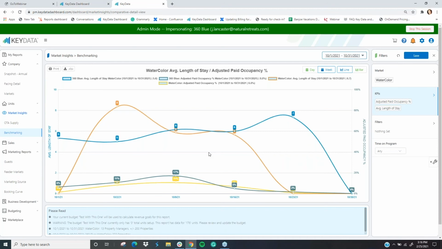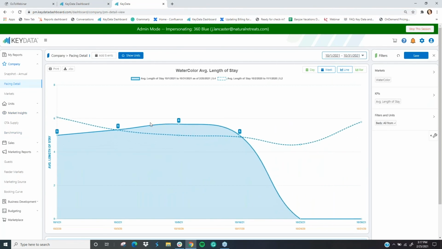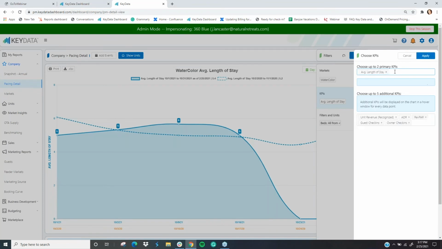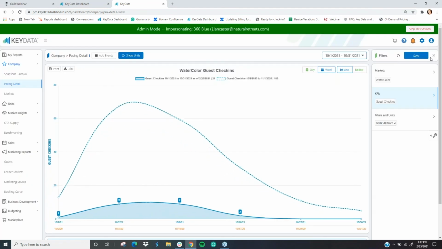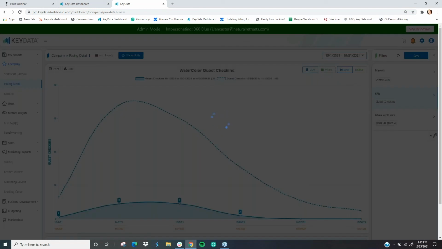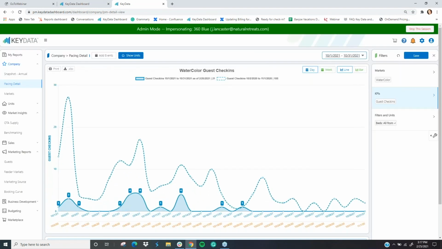Another thing that I also want to highlight, which we'll be able to see in the pacing detail report, is seeing the demand in your market based on day of the week. So I'm going to continue to look at October, but I'm going to change the KPI from length of stay to number of guest check-ins. But this time, instead of looking week by week, I'm going to look day by day, because we want to know which are the dates that have more demand and whether we can do something about it, correct?